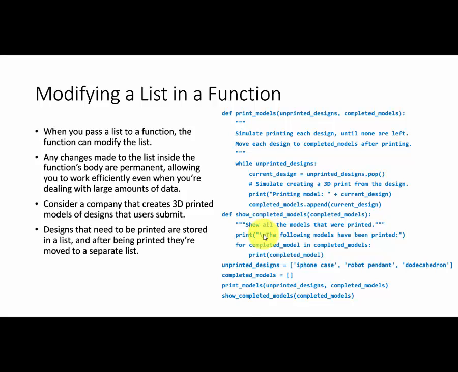Then finally there is one more function created, called show completed models. For that I am passing the completed models list. It will go there, iterate and print the values. By looking at this program it looks very big, but it is very simple. Inside this we are using a while loop and a for loop.